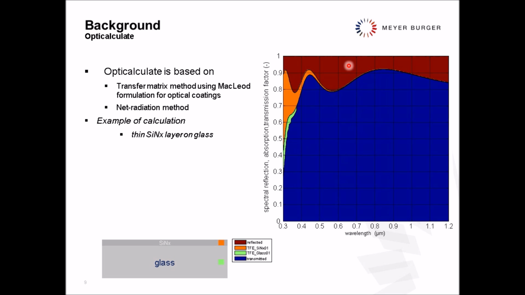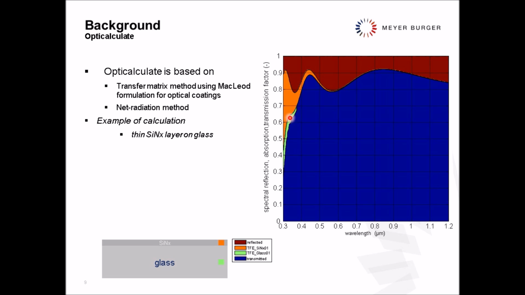And we see that the software, by using the transfer matrix method with a microloid formulation for optical coding and the net radiation method, can tell us what is happening to a ray that is passing from the top to the bottom. What we see is that there will be a reflection pattern in the spectrum, in dark red. Part of it will be absorbed in the silicon nitride.